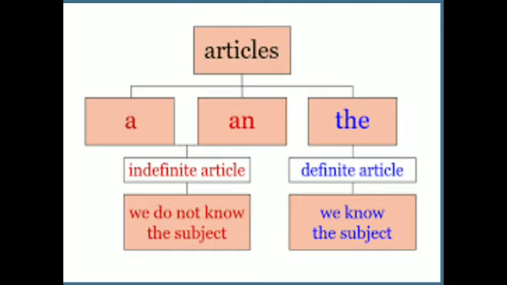They don't know which noun we are talking about. So that's why we use a and an with the noun according to the word. But on the other hand, the is a definite article and it comes with a specific noun, because it knows the subject. That's why we use the as a definite article.